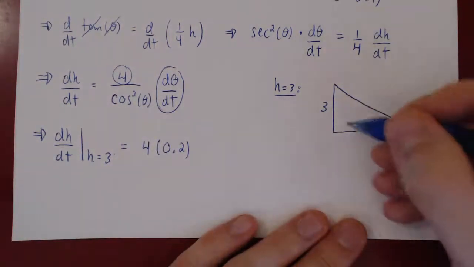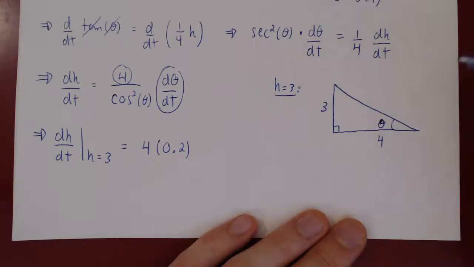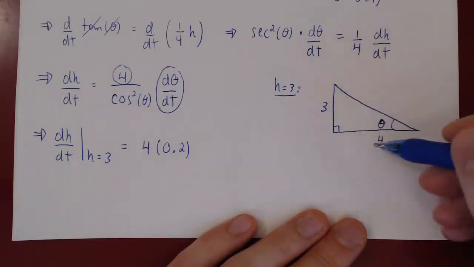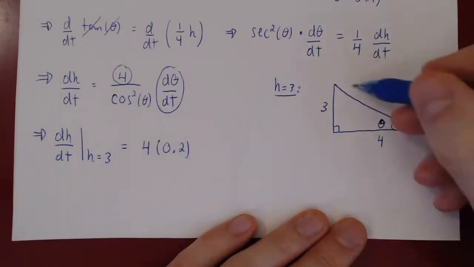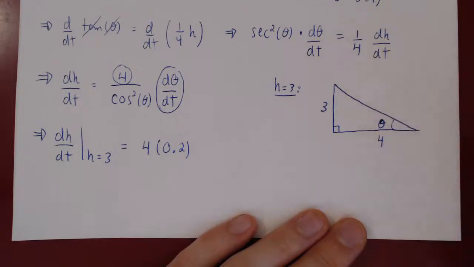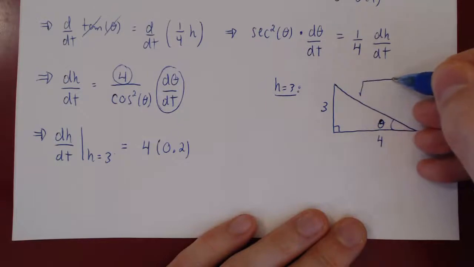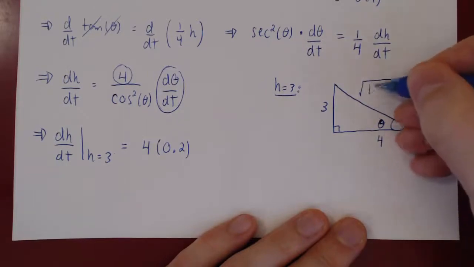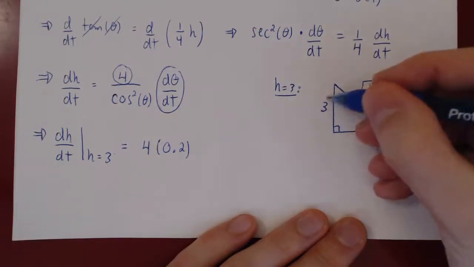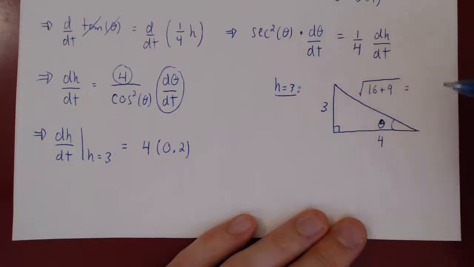Well, look at the picture. Once again, we have a right triangle. The height is 3, the base is 4. We can find the hypotenuse by Pythagoras' theorem. The hypotenuse is the square root of the base squared, that's 16, plus the height squared, that's 9. But 16 plus 9 is 25. The root of 25 is just 5.